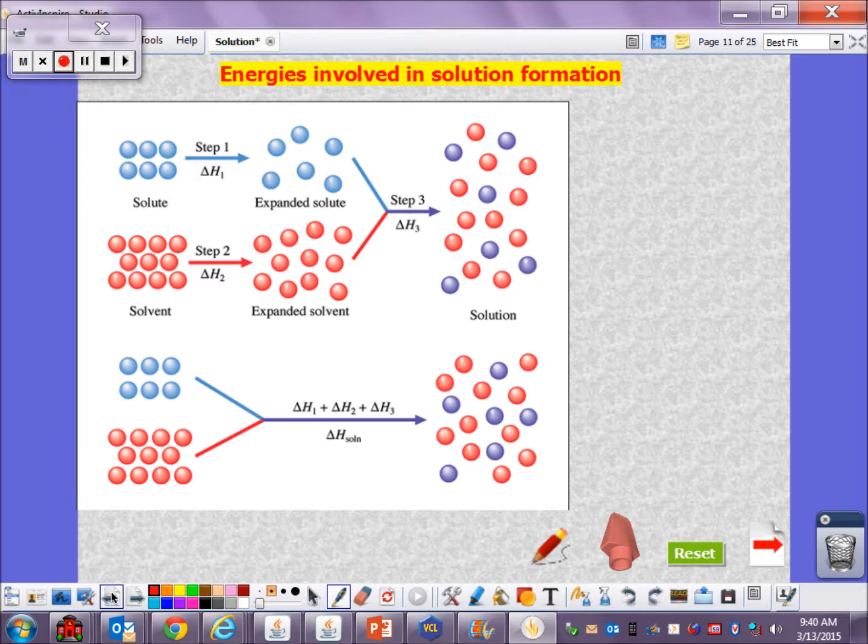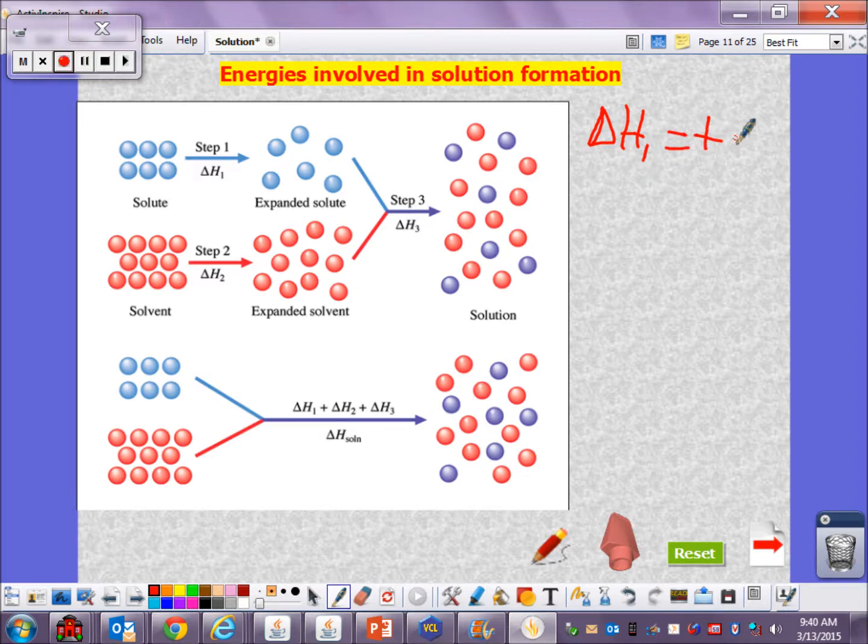We learned in the thermal unit that breaking bonds is endothermic, absorbing heat. So we have delta H1, which is expanding the solute. It is endothermic, so it is positive.